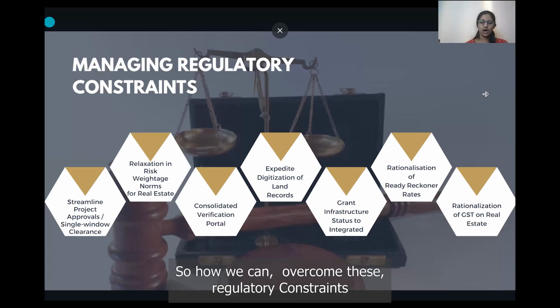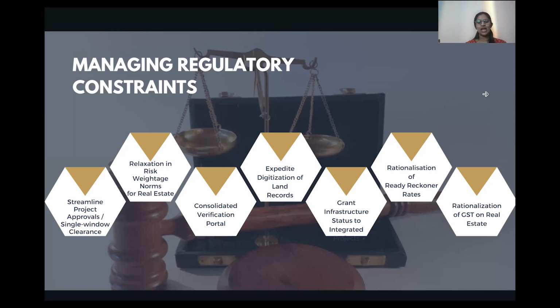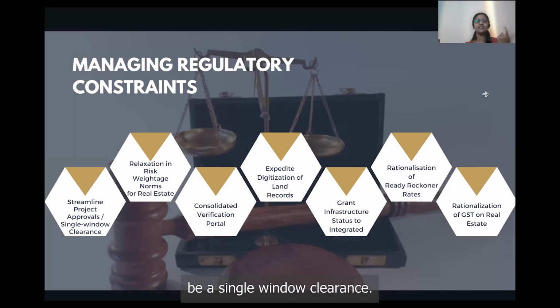So how we can overcome these regulatory constraints is that all of these projects and the approvals required for them should be completely streamlined, or there should be a single window clearance.